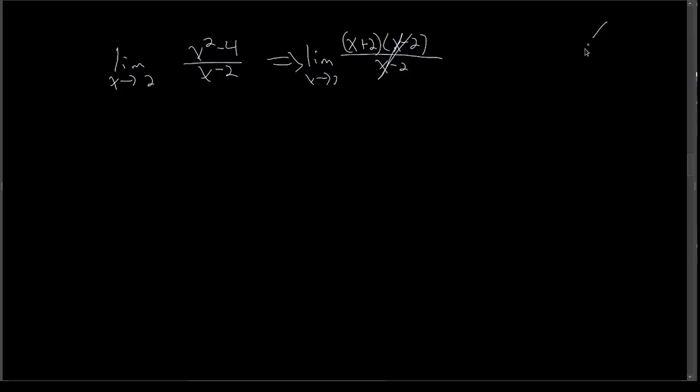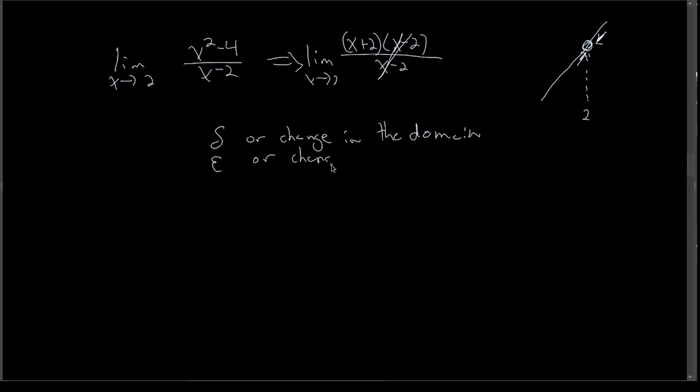And so it's a line that has a hole in it at 2. And I waved my hands and said, if I come down this way and if I come down this way, I can get closer and closer to this thing. And so the delta epsilon process is a language where we can take some delta or change in the domain and some epsilon or a change in the range.